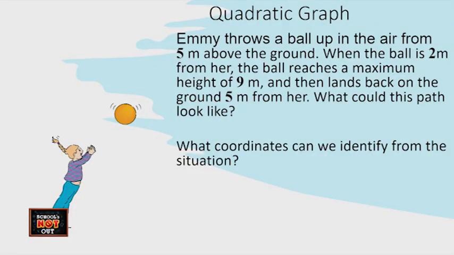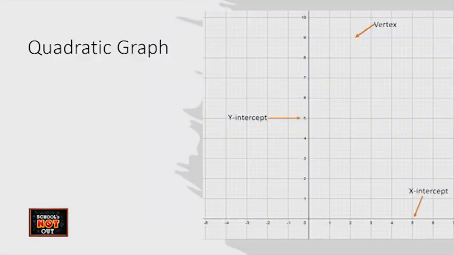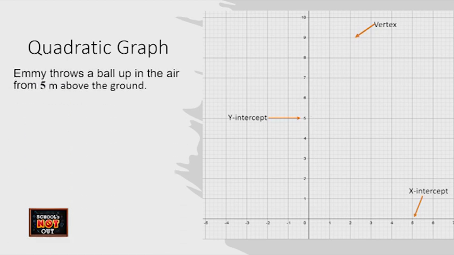All right. Now, can we identify any coordinates from that scenario? But of course. So, we started off with Emmy throwing the ball up in the air from 5 meters above the ground.